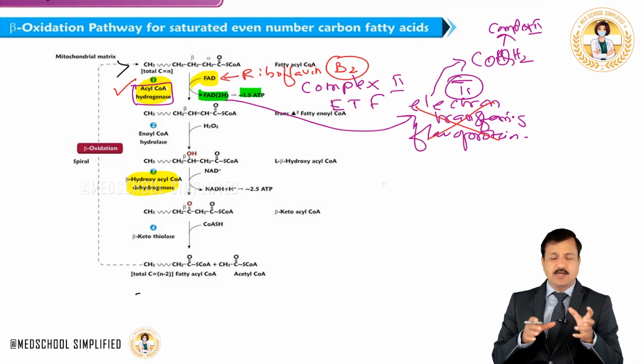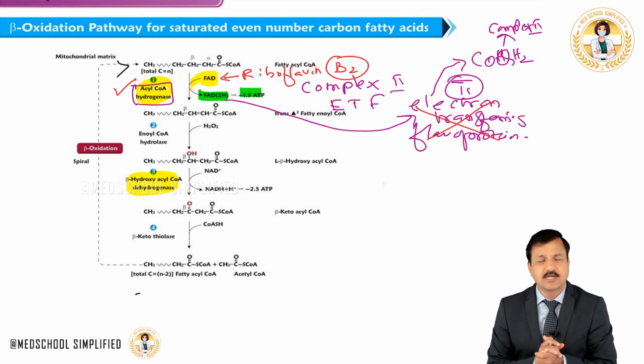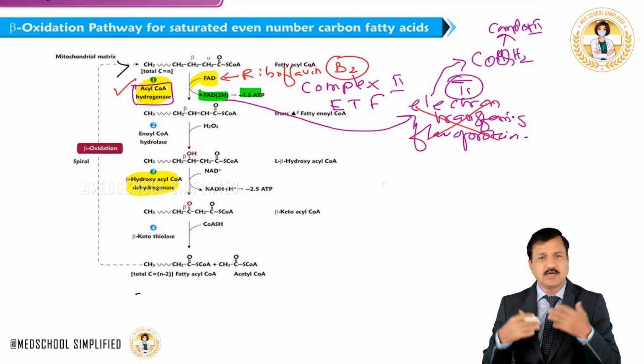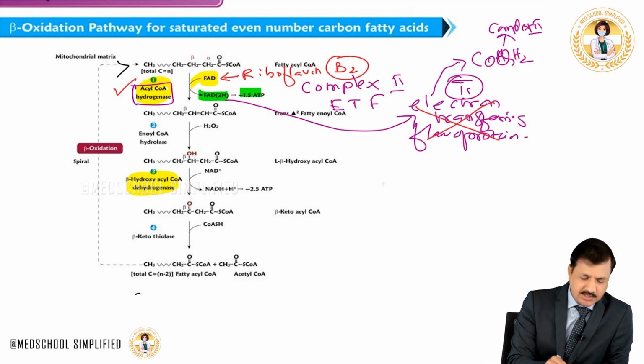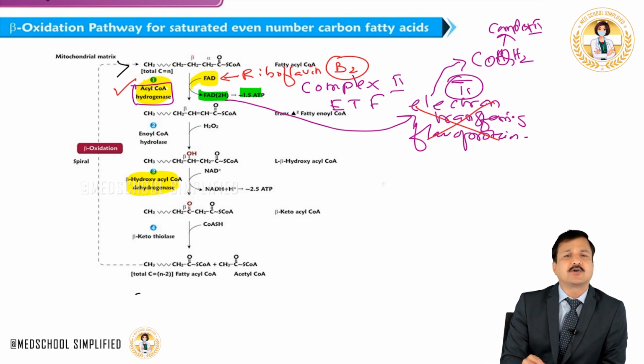So these are some of the clinical applications that you need to know for the acyl-CoA dehydrogenase catalyzed reaction. And the other thing is a disease related to the first reaction of beta oxidation: what if there is a mutation in a gene coding for acyl-CoA dehydrogenase, like a specific type of acyl-CoA dehydrogenase.